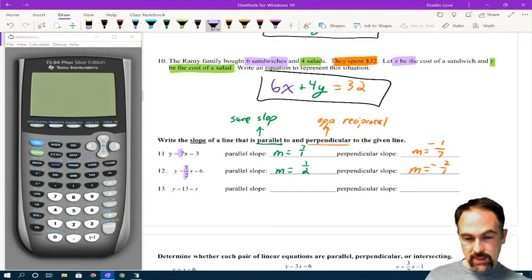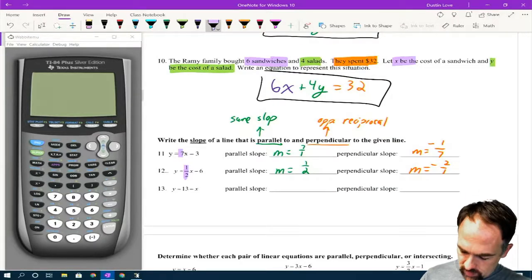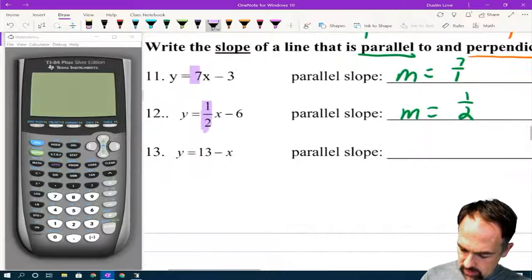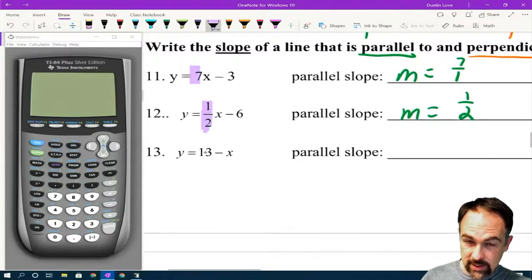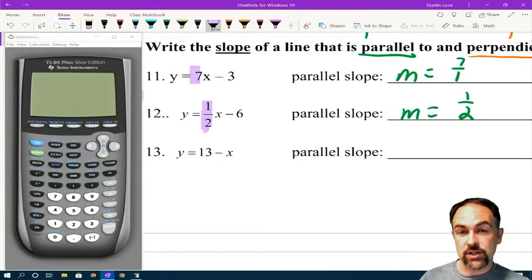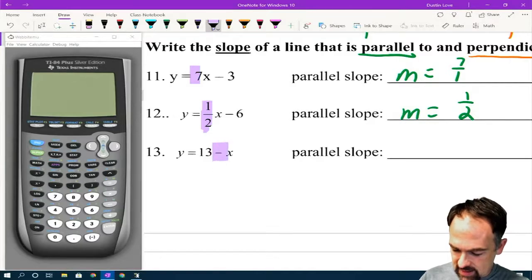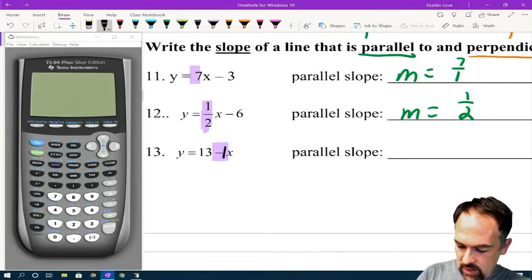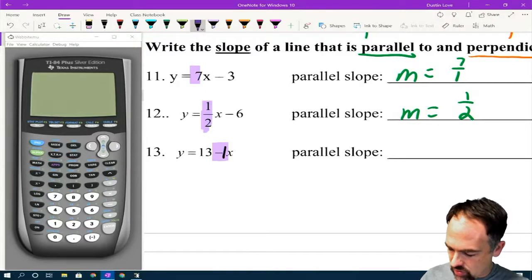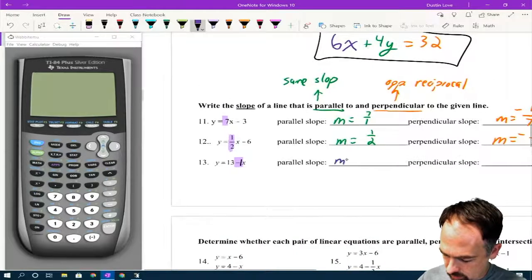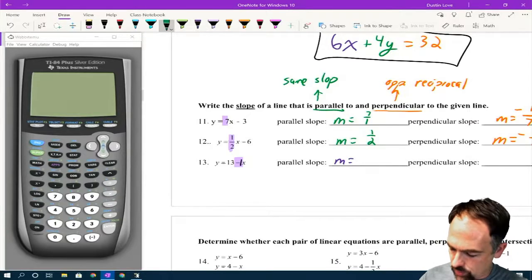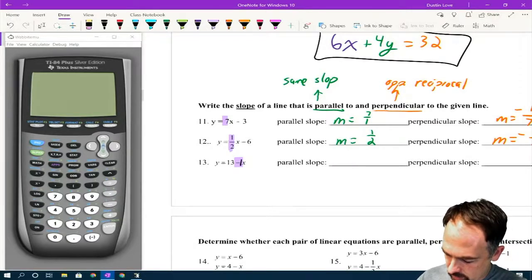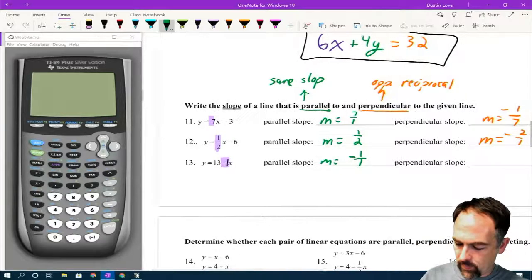Okay, now 13 is a bit tricky. Be careful with it because here the slope is not 13. Remember, slope is always the coefficient of x. In this case, it is this value right here, which is a negative 1x. So my parallel slope is, actually, sorry, I've been doing those in green, negative 1 over 1.